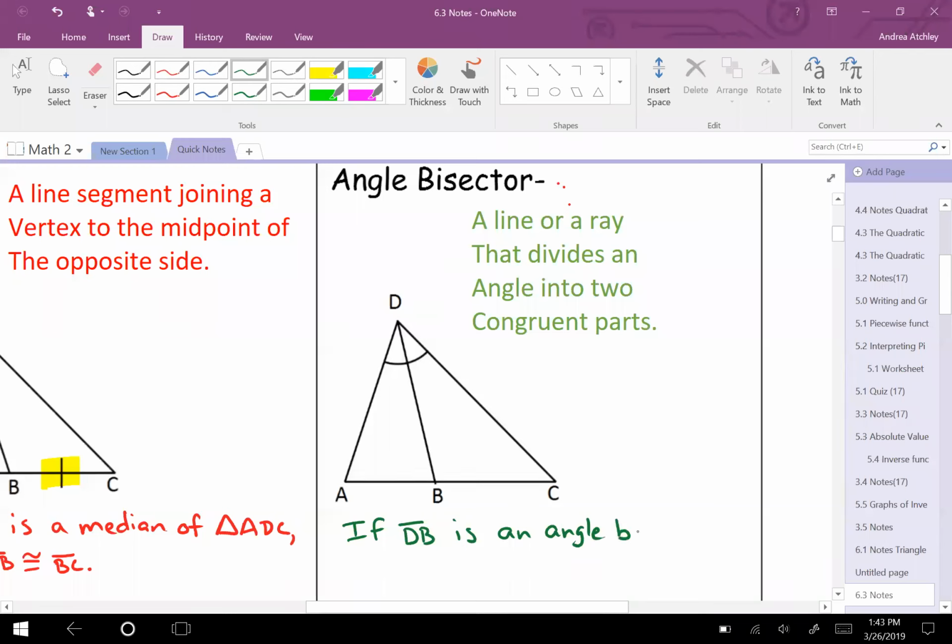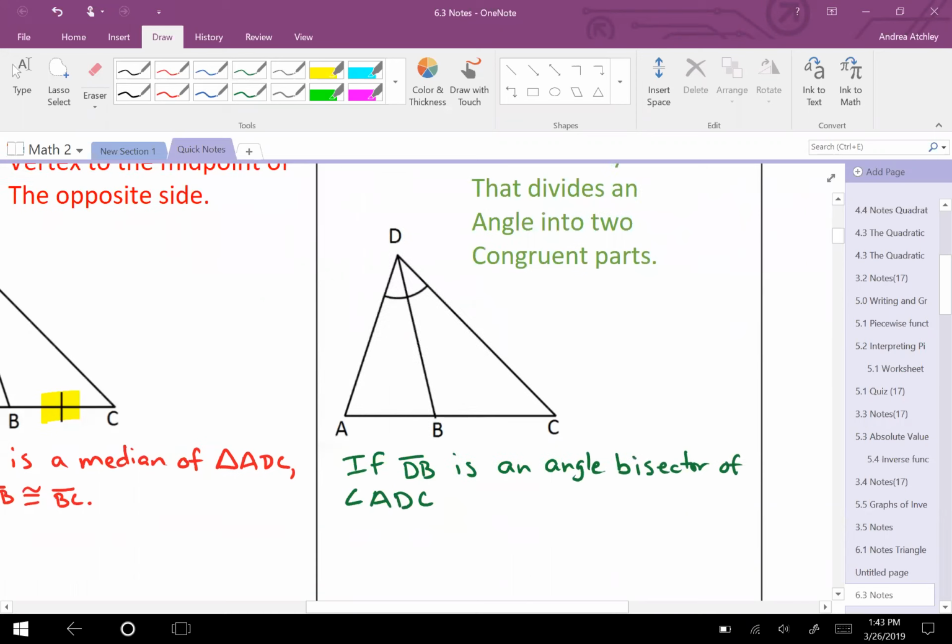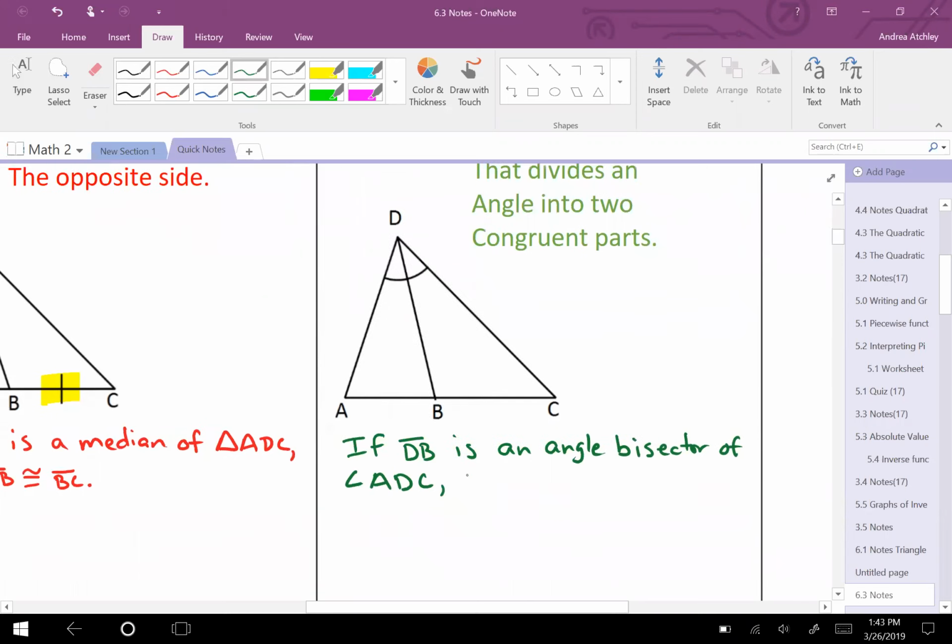If DB is an angle bisector of angle ADC, then angle ADB would be congruent to angle BDC.